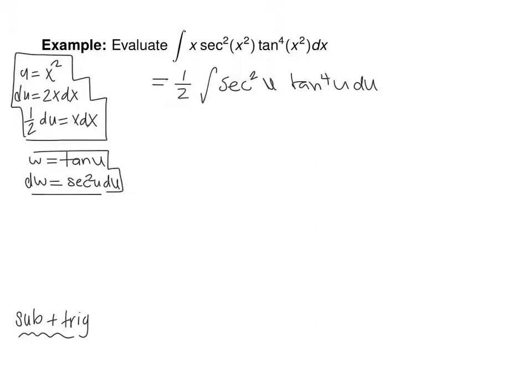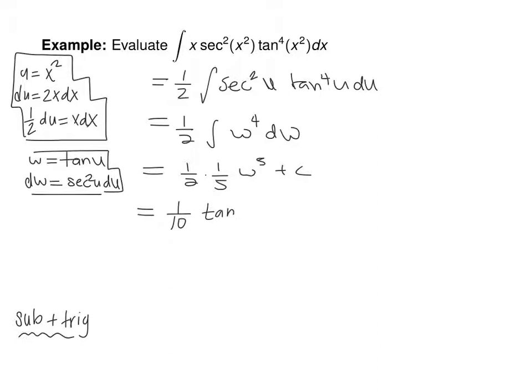So making that substitution, we get 1/2 times the integral of w to the 4th. So anti-differentiating, we have 1/2 times 1/5 w to the 5th plus c. And first we insert w, which is tangent of u. So 1/10 tangent to the 5th u plus c. And then you insert the u. 1/10 tan to the 5th of x squared plus c.